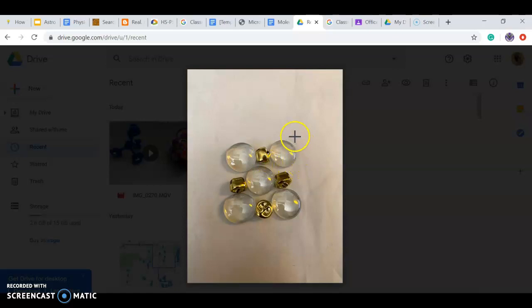So this would represent several molecules together, okay? And the glass bead would be one atom, the bell would be another atom, okay? And then this shows how the molecules would arrange in space. So in this case, this would be an example of ionic molecules coming together to form a structure.